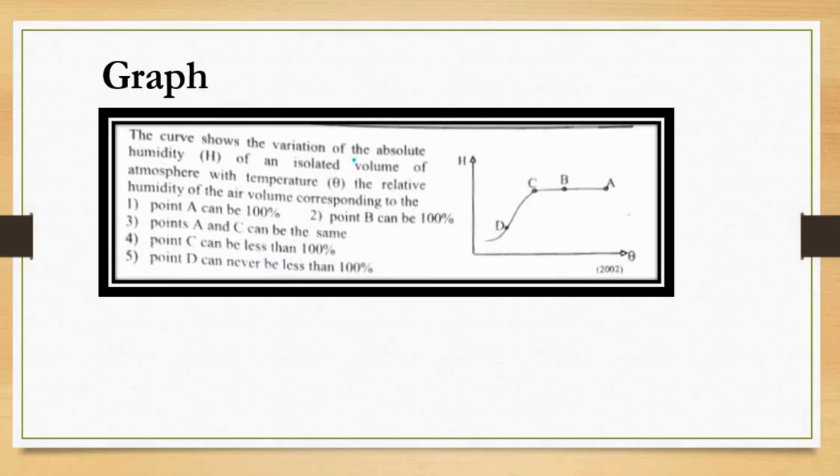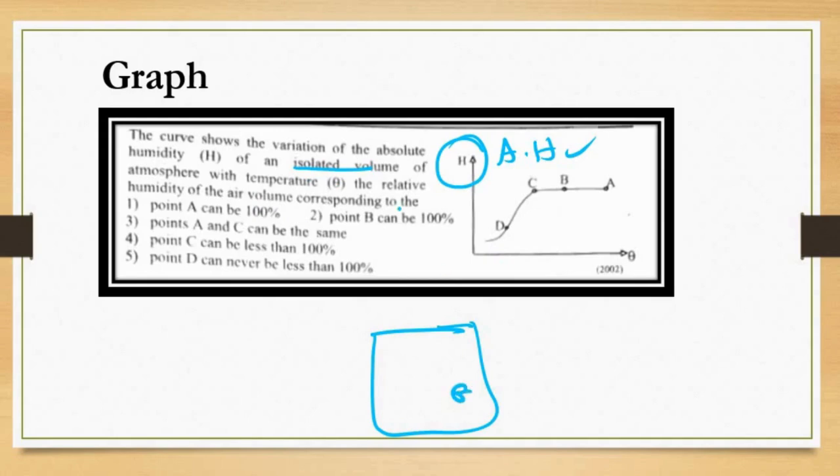The curve shows the variation of the absolute humidity H. They are showing the absolute humidity, remember that, of an isolated volume, separated from the atmosphere, with temperature theta. They are asking for the variation of relative humidity, remember that.